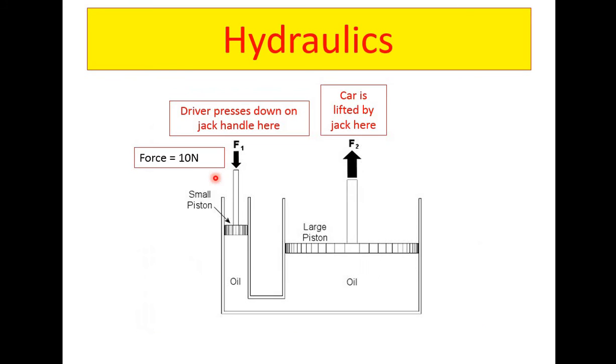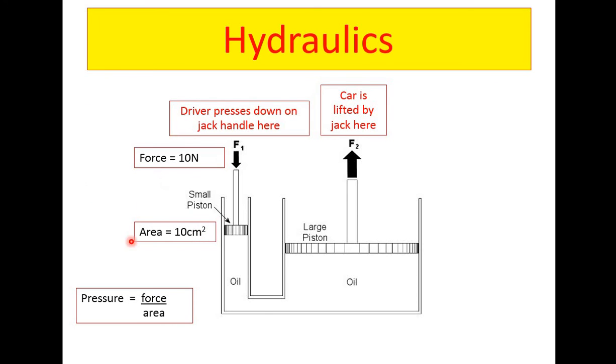Let's see an example calculation here. Let's say the force here is 10 Newton, and this area is 10 cm². Usually you have to convert the unit into m², but in this question, just follow what is provided.